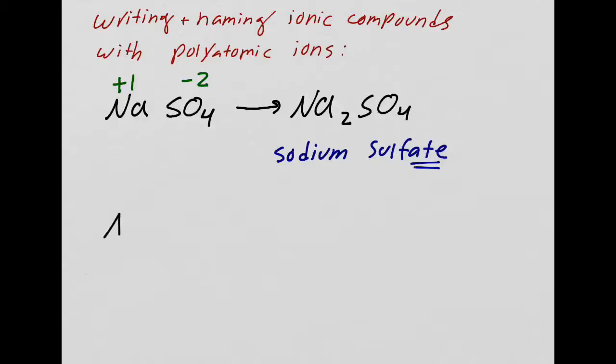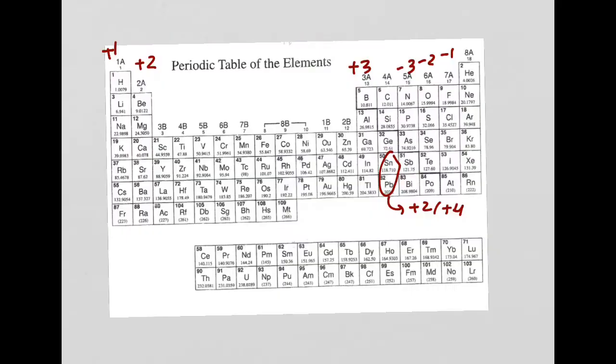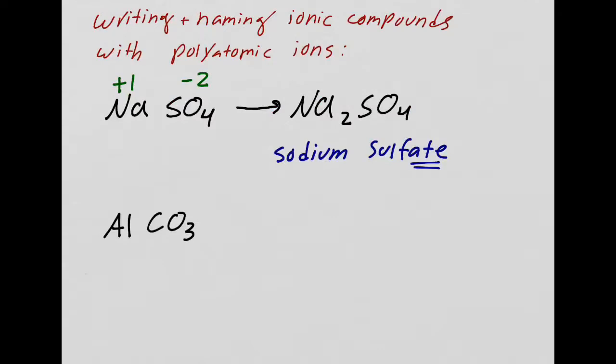Now, let's put the next one together. Al and CO3. Put this together for me right now. Okay. Now, aluminum. I want to find aluminum on the periodic table. It is right here. The charge is +3. So aluminum has a +3 charge.